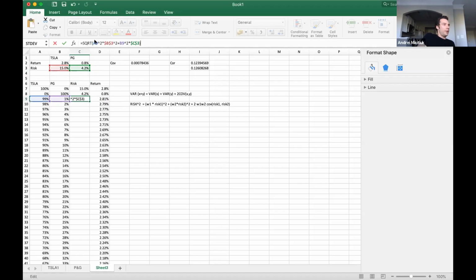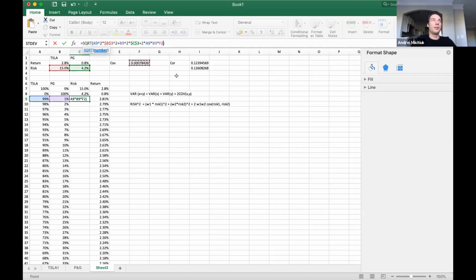So we have 99% of Tesla risk, all squared, plus 1% of Procter & Gamble risk, all squared, plus 2 times 99% times 1% times covariance.